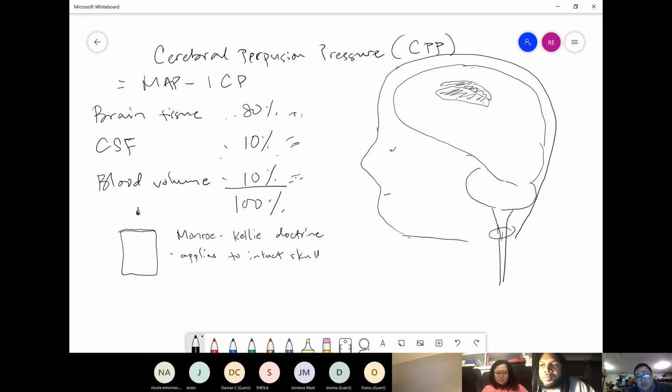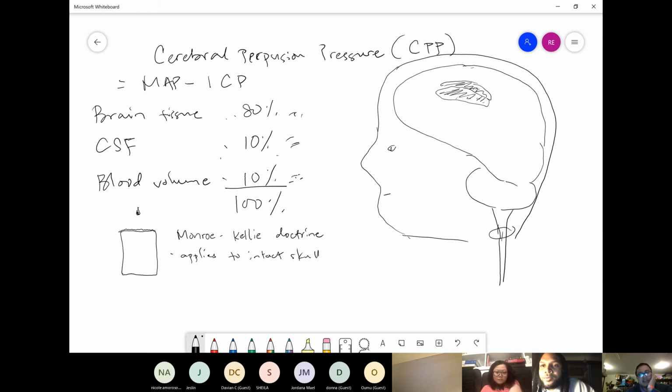Let's say somebody got shot, so there's a hole now in the skull, or somebody whacked you with a machete, opening your cranium, then this doesn't apply because there's no compartment to speak of, because everything is open. So pieces of your brain are probably on the walls or on the floor. Blood is leaking out. So this only applies if you have a closed head injury. Are we clear so far? Yeah. All right.